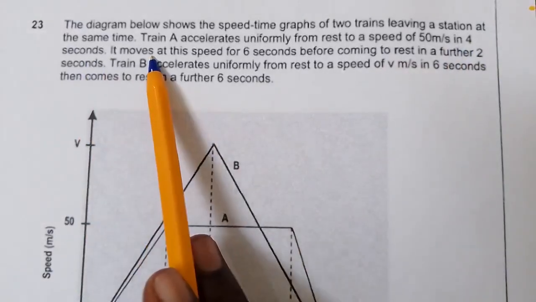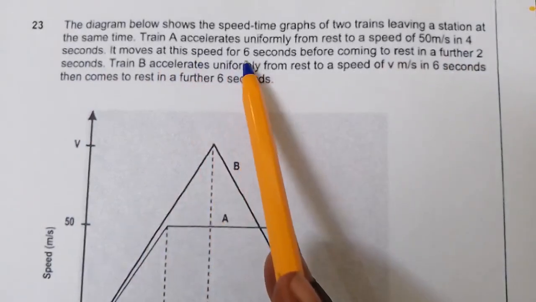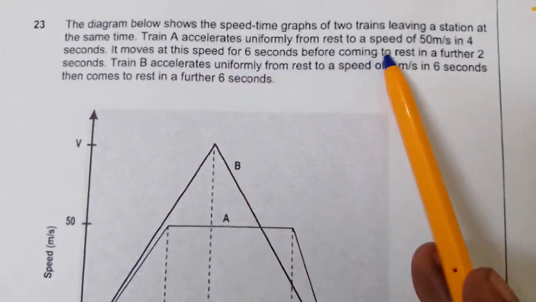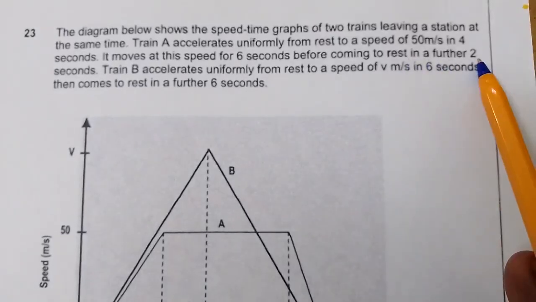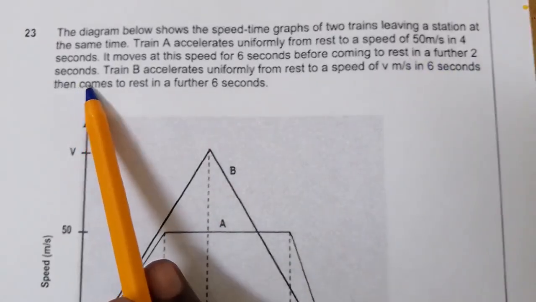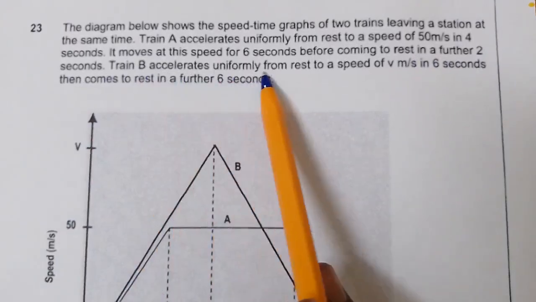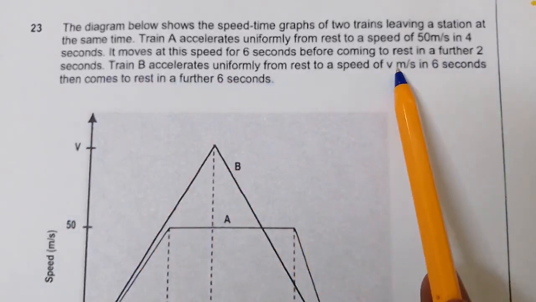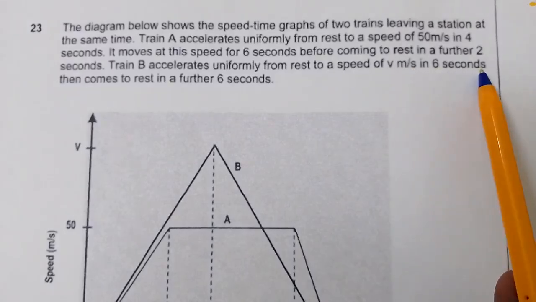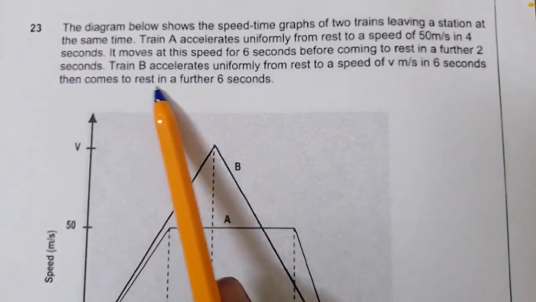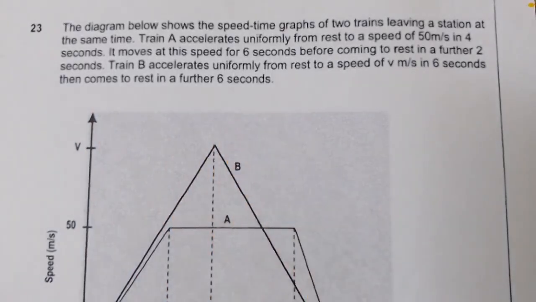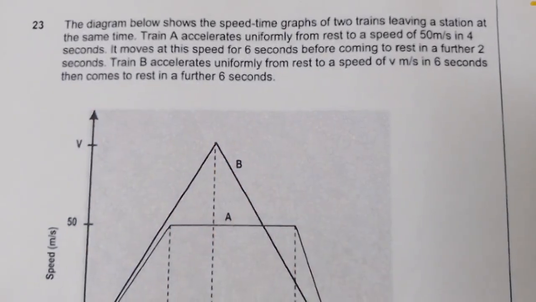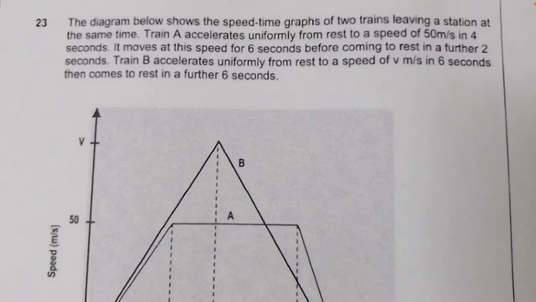It moves at this speed for 6 seconds before coming to rest in a further 2 seconds. Train B accelerates uniformly from rest to a speed of v meters per second in 6 seconds, then comes to rest in a further 6 seconds. This is the question which we are given.